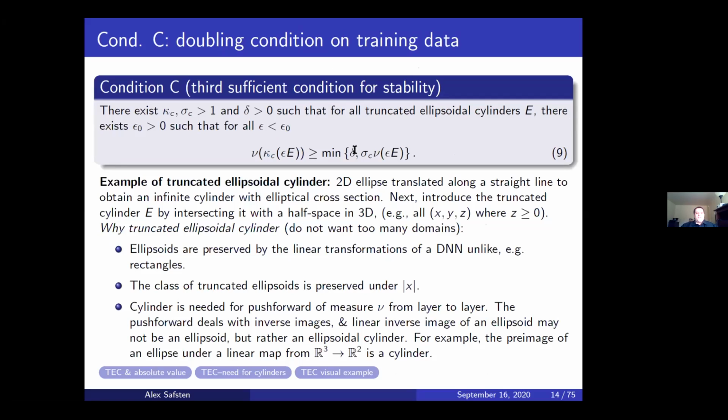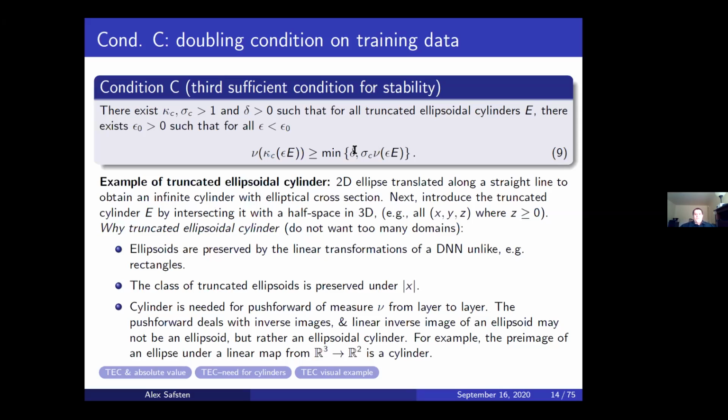So condition C says that there exist kappa and sigma greater than 1 and delta greater than 0, such that for all truncated ellipsoidal cylinders E, there exists epsilon naught greater than 0 such that for all epsilon less than epsilon naught, the mass of objects in the expanded truncated ellipsoidal cylinder, kappa C times epsilon E, is bigger than the minimum of either delta or sigma C times the mass of epsilon E.